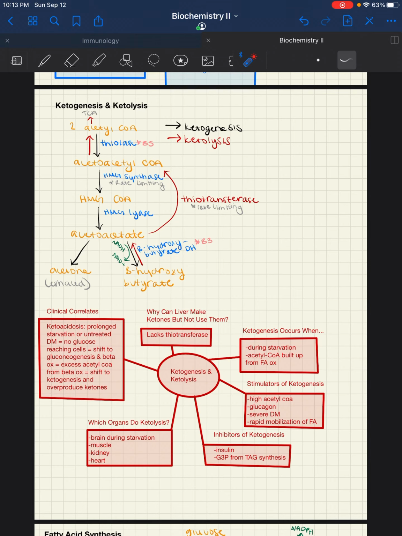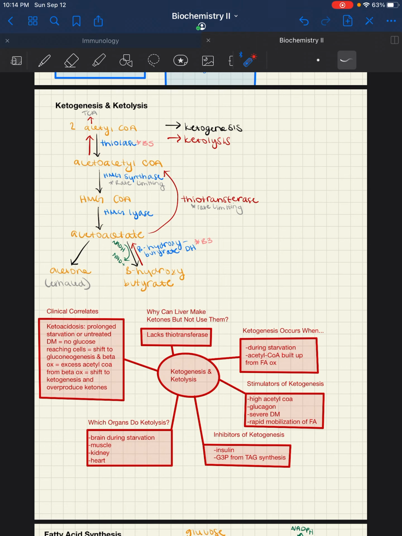So when we have fatty acids being mobilized, that means that there's TAGs being broken down in adipose tissue, and we'll have free fatty acids going to the liver and glycerol going to the liver. Glycerol is going to be used for gluconeogenesis, and fatty acids are going to be used for energy, and they're going to go through beta oxidation to turn into acetyl-CoA, and then that acetyl-CoA can be turned into ketones.